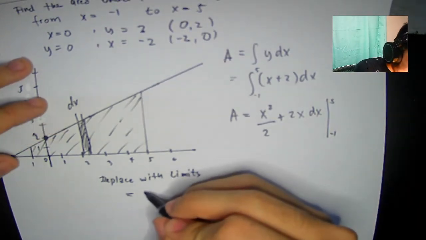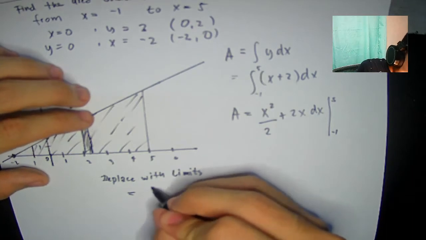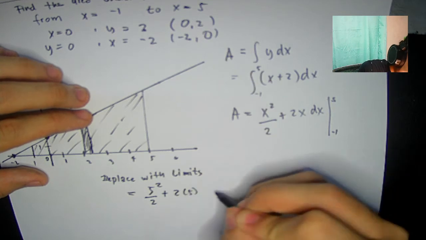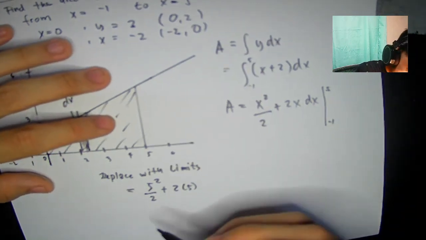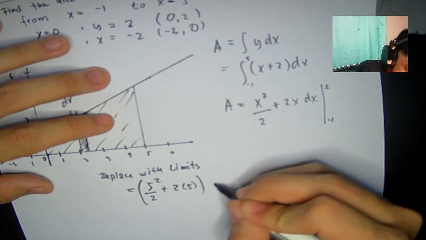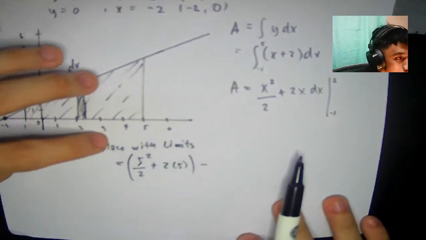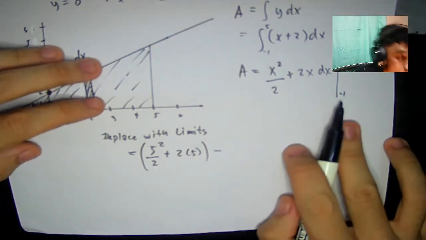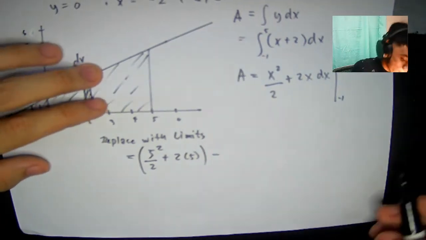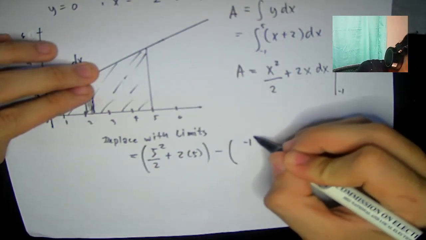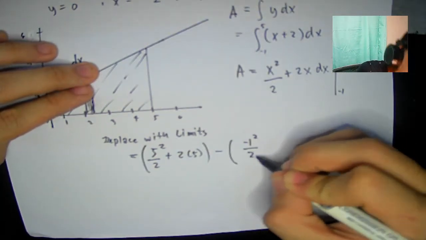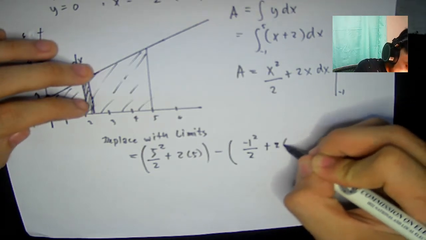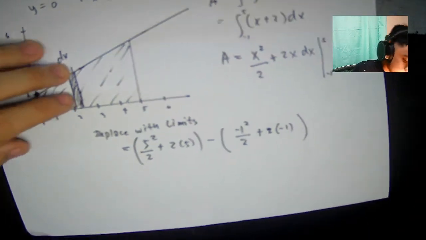So we'll have 5 squared over 2 plus 2 times 5, minus the lower range, negative 1 squared over 2 plus 2 times negative 1. So that's it.